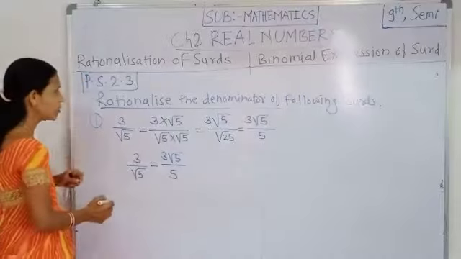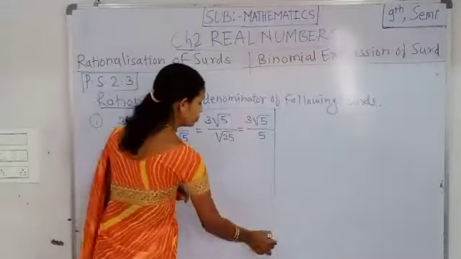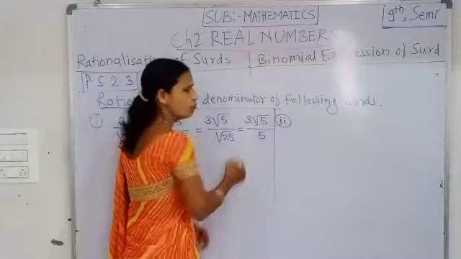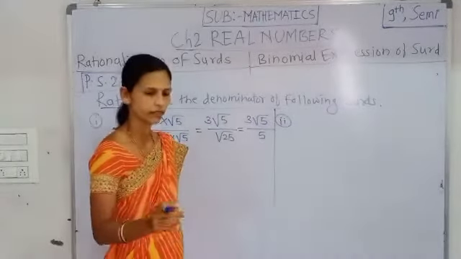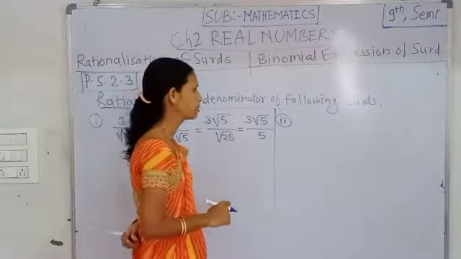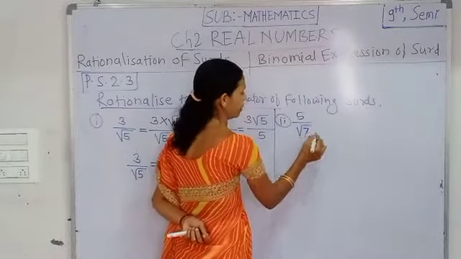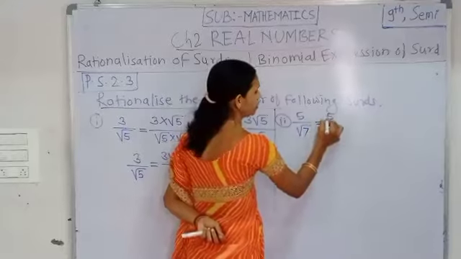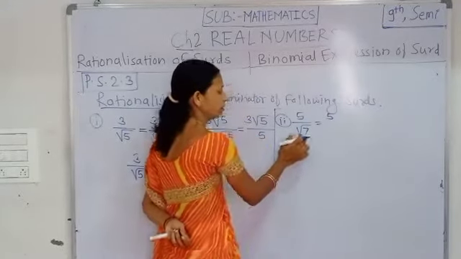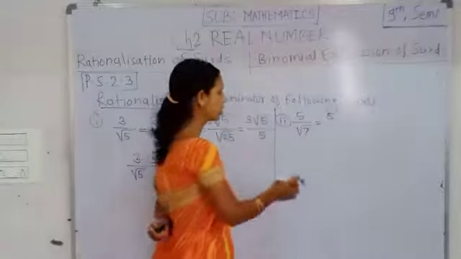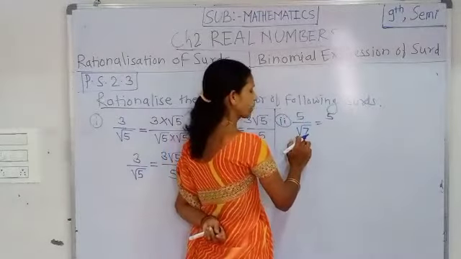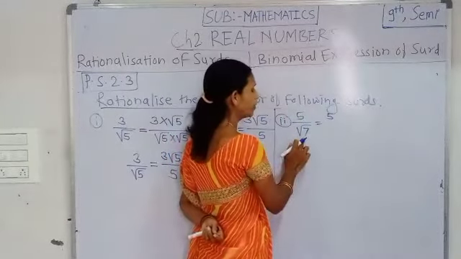Then the same concept is used to solve more examples from that practice set. Then 5 upon root 7. See here, root 7 is an irrational number. In this surd, we have to rationalize the denominator.